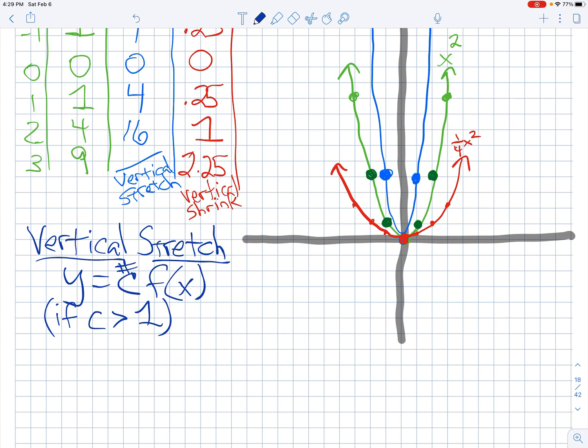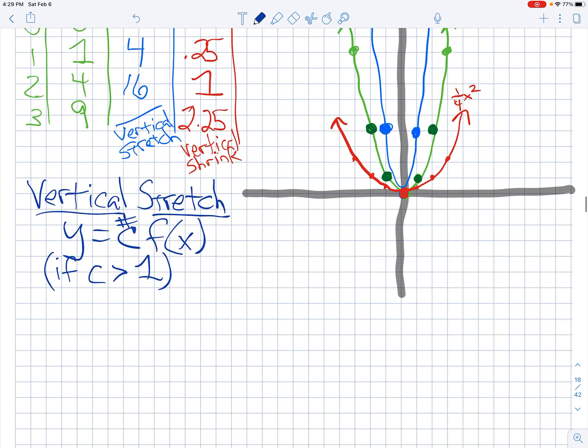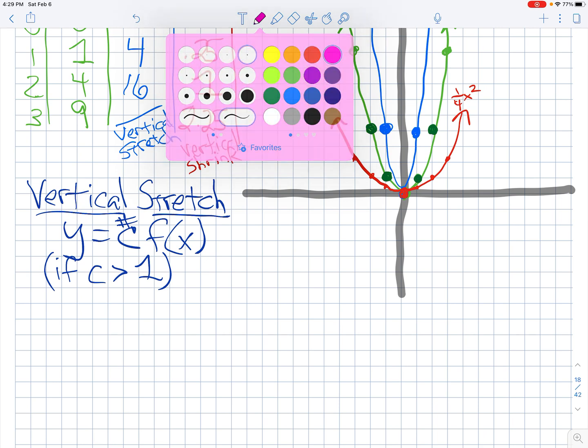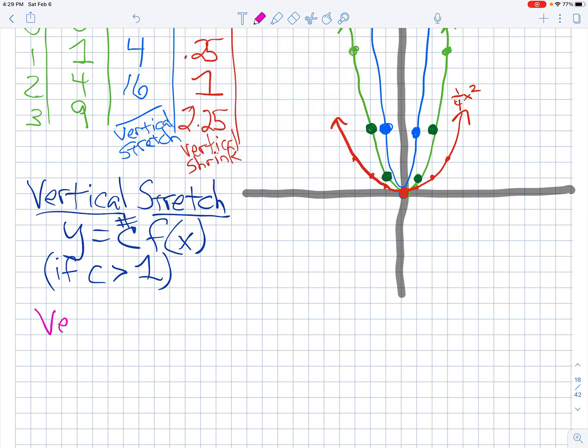If c is greater than 1, that will be a vertical stretch, and they say by a factor of c. And I'll get into the writing when we start doing questions.